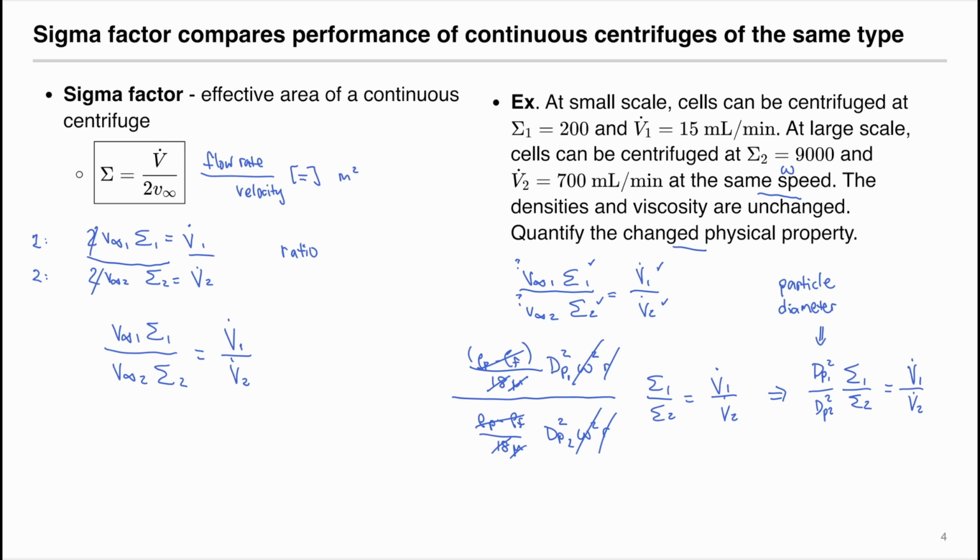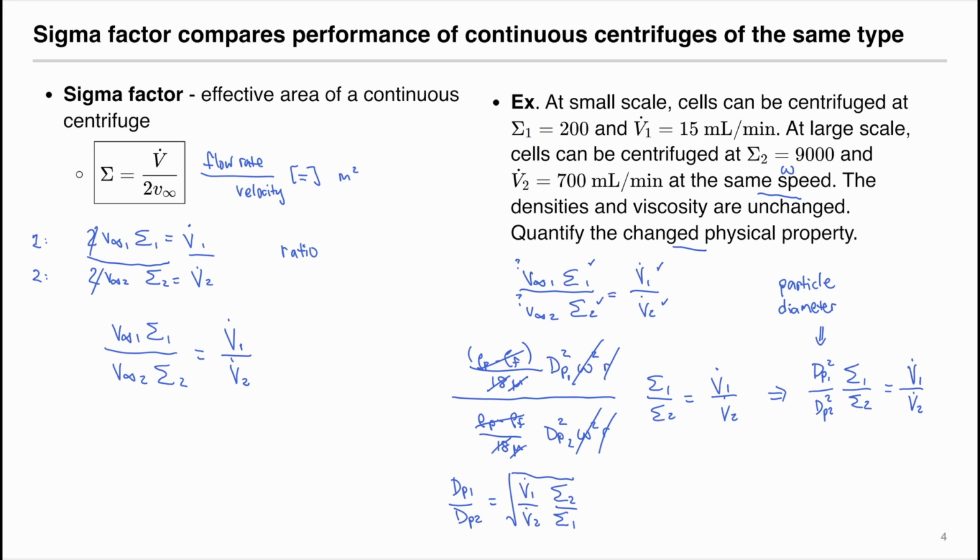Now we can quantify how much it has changed. So we can solve for dp1 divided by dp2, which is equal to volumetric flow rates ratio times sigma 2 divided by sigma 1, and taking the square root of that.